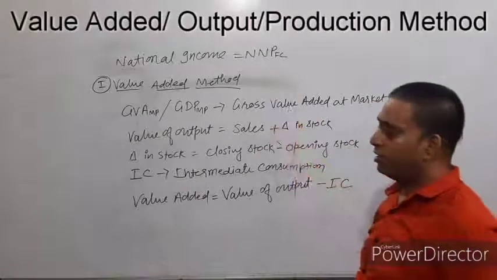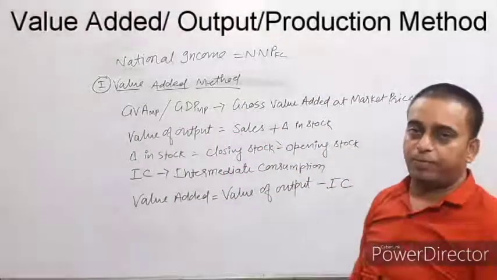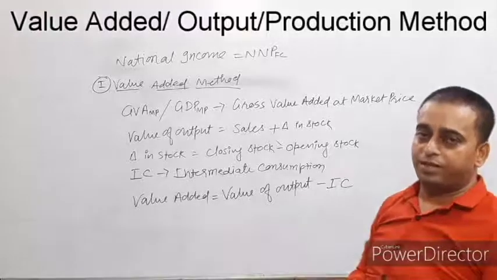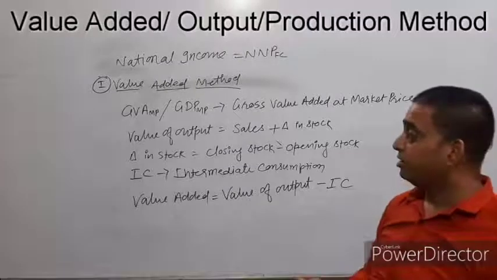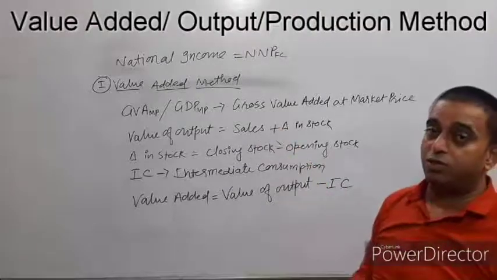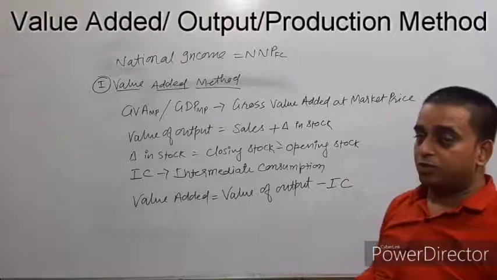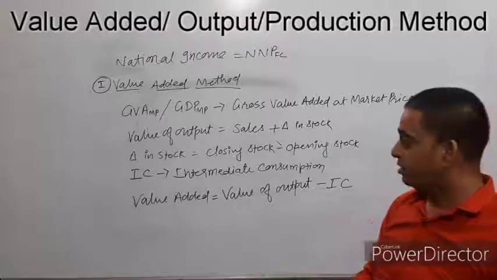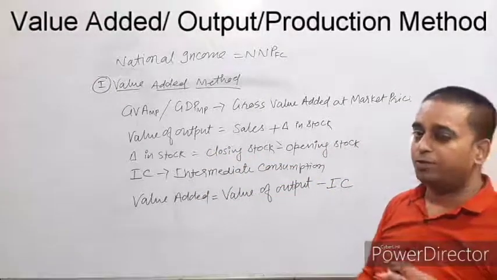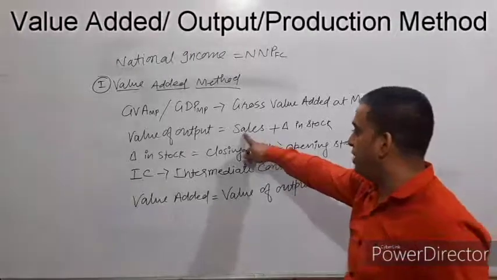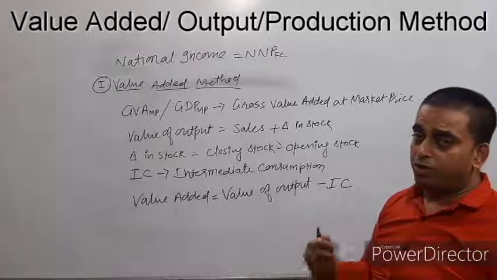For calculating value added, we have to know what GVAMP is, gross value added at market price, or another name we know very well in terminology, GDPMP, gross domestic product at market price. Both are the same, so there is no need to be confused, right? Next one is value of output. Value of output means sales. So here I have written sales plus change in stock. So output means sales.